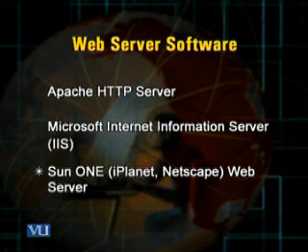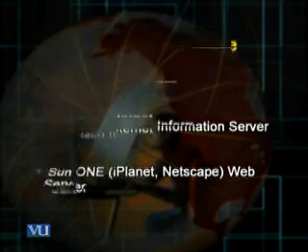Its previous name was iPlanet Enterprise Server, and also it was known as Netscape Enterprise Server. Sun ONE web server software, according to a survey, is being used by up to 40% of the public websites today. So these were some of the options as regards the web server software.